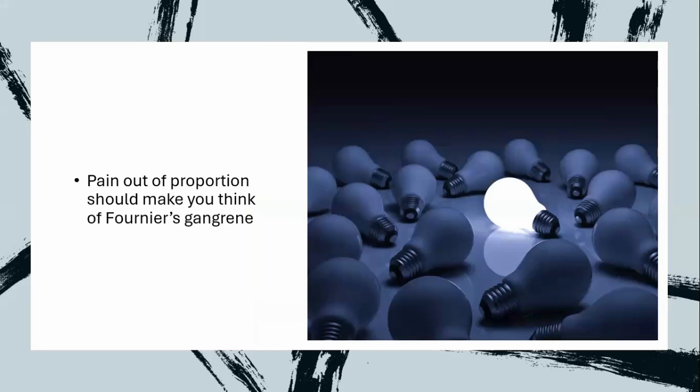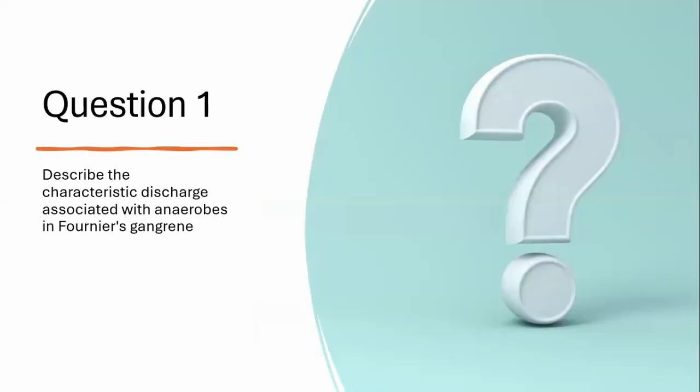So, first question, it's open for the audience. What is the characteristic discharge associated with anaerobes in Fournier's gangrene?